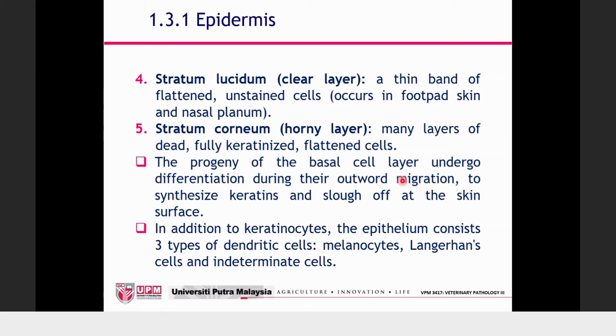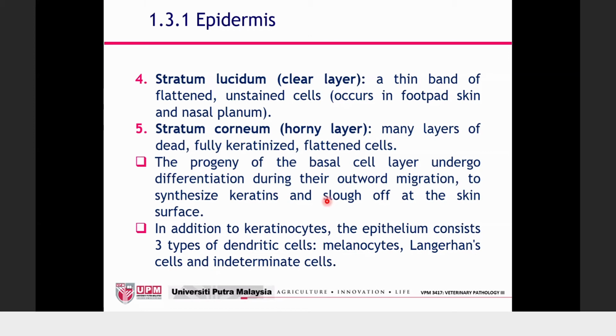So I mentioned before, right? Basale, and then the cells will undergo maturation until they die. When they die, they form the stratum corneum. Then it will slowly be sloughed off. So that's why skin will continually produce new cells.